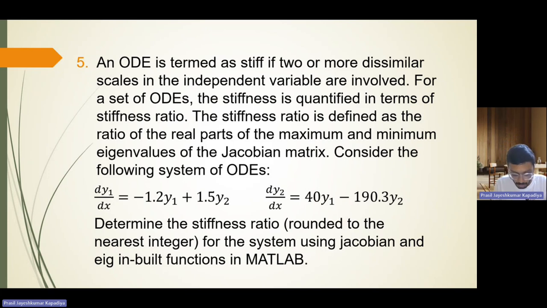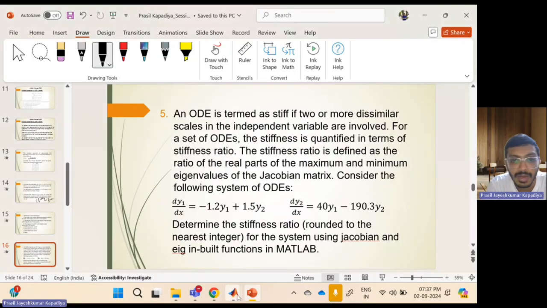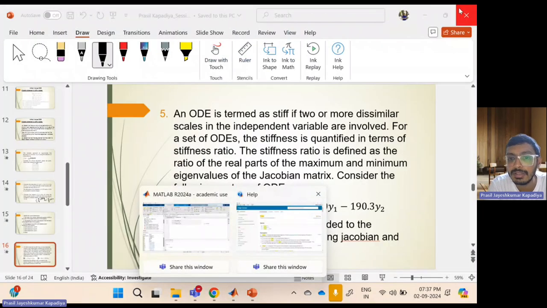So first we need to find the Jacobian matrix, and after that we need to find the eigenvalues of the Jacobian matrix. And after finding the eigenvalues, we will find the ratio of the maximum eigenvalue divided by the minimum eigenvalue. Correct? So let's try to solve this.